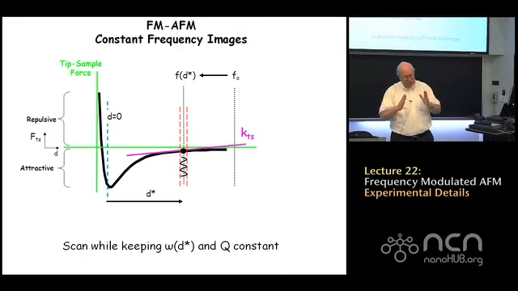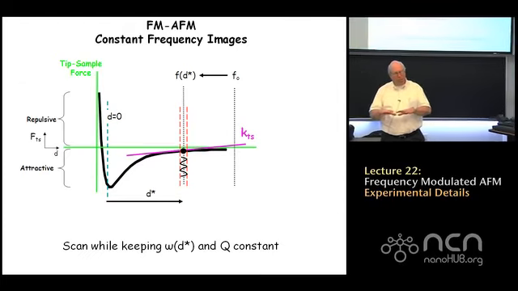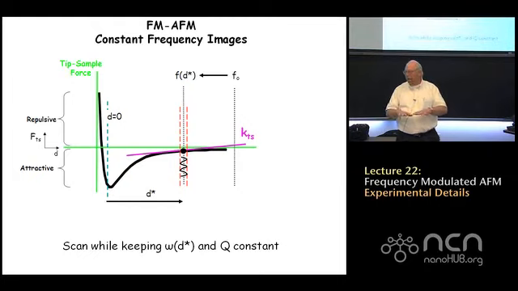So that means that the resonant curve is extremely sharp, and that allows you to track very small frequency changes with high precision. That's what a sharp resonance curve translates into. And so the standard argument has been for many years that you see atoms with frequency modulated AFM, and if you run these things in ultra high vacuum, you routinely see atoms. It's not like you just see them once a day or once a month. They're always there. The argument has always been that this capability is related to the high Q values of the resonance for a tuning fork.